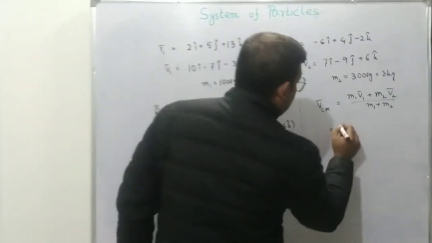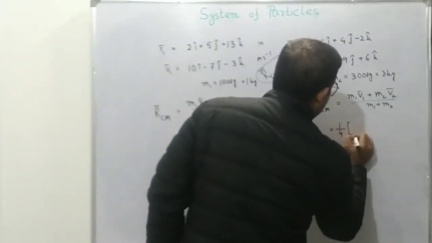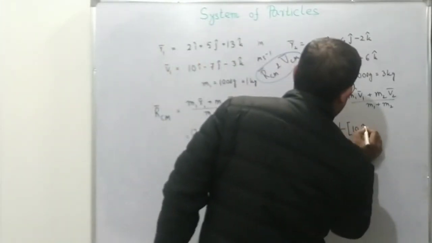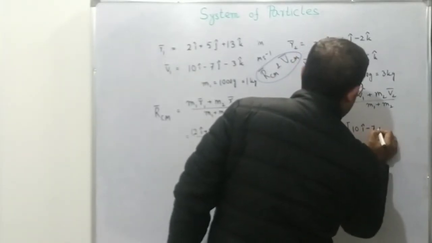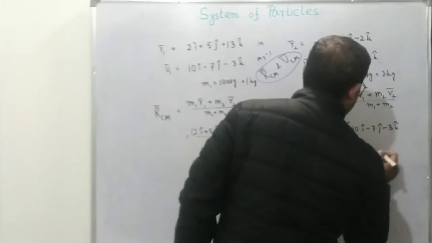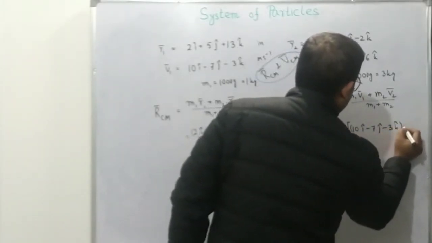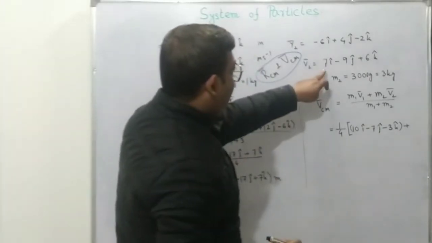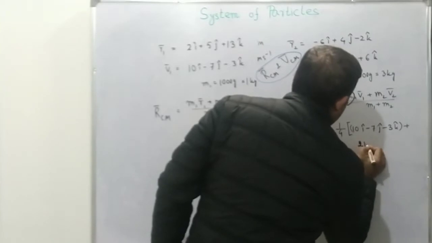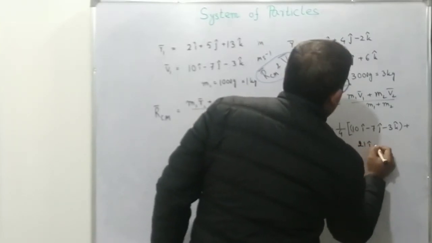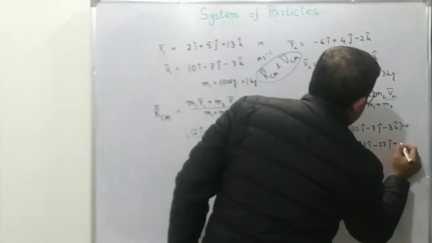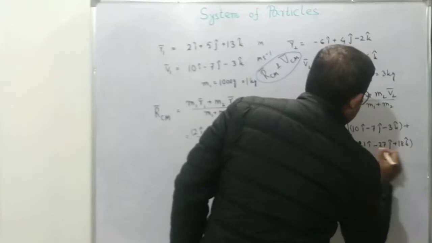That is, M1 plus M2 is 4, so 1 by 4. M1 is 1, V1 is this, so we have 10 i cap minus 7 j cap minus 3 k cap for the first term. Plus, for the second term we have to multiply this by 3, right? So 7 threes are 21 i cap, minus 27 j cap, plus 6 threes are 18 k cap.